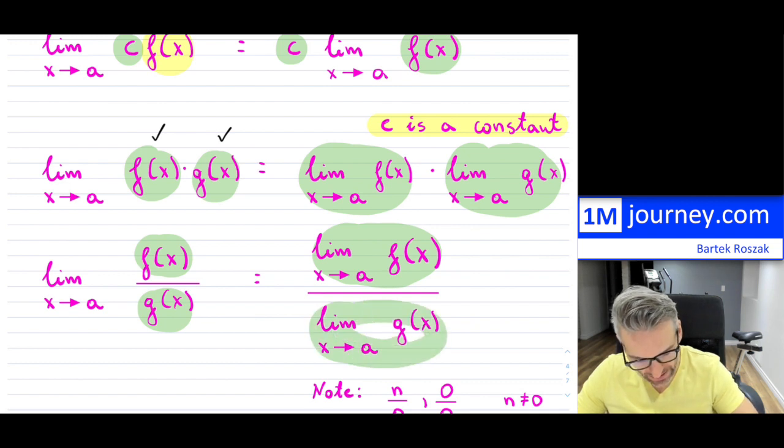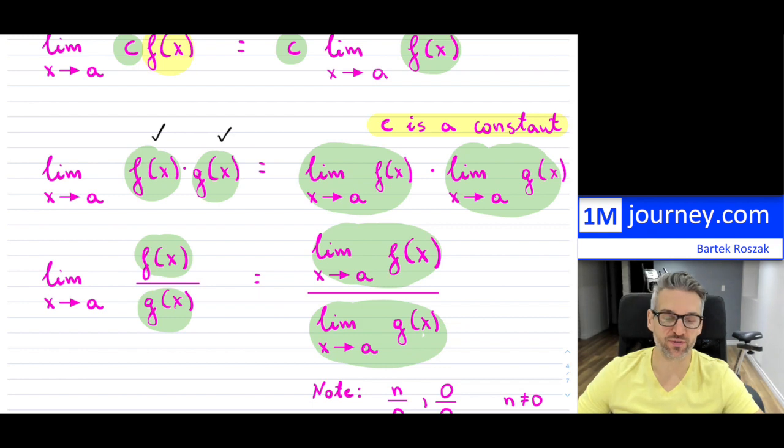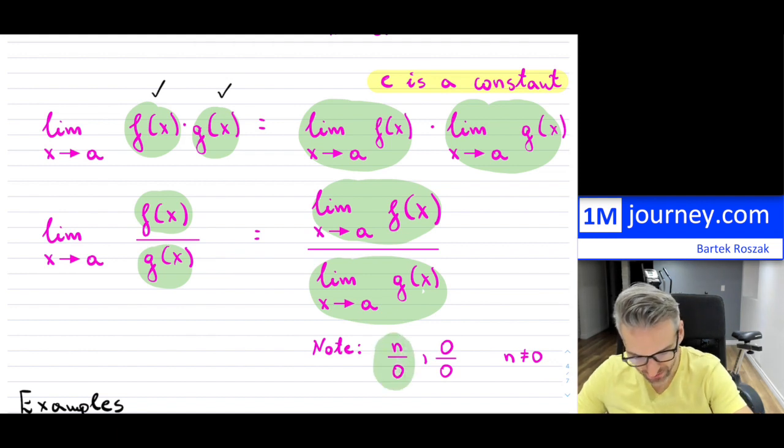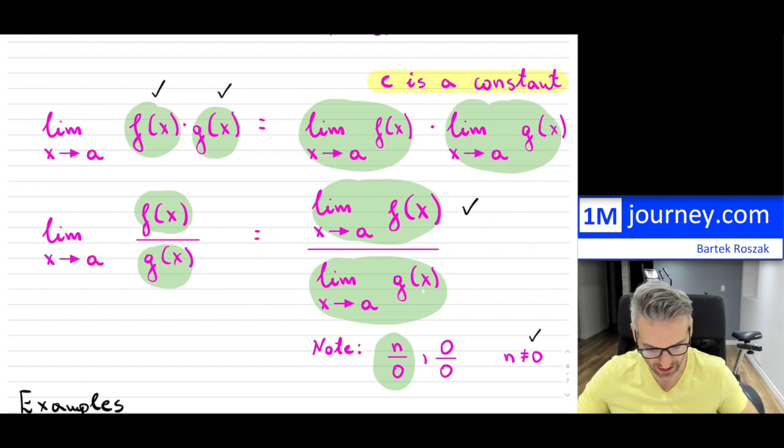If these limits exist, then we can certainly divide them. The only thing we have to note is, maybe the numerator, I called it n here, is not equal to 0. But what if the denominator was equal to 0? Then we would run into an undefined result.